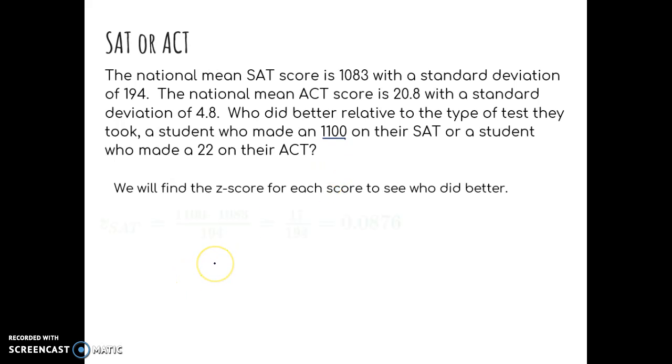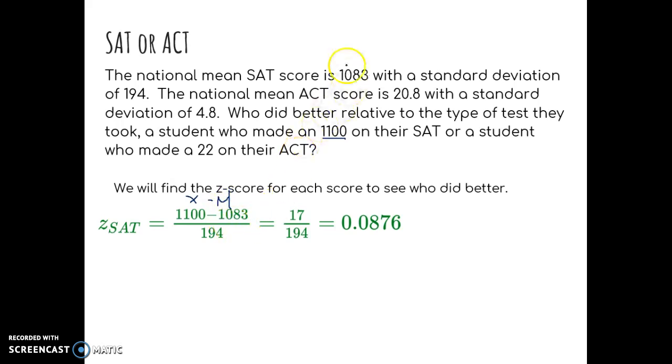If you remember the formula, the z-score for the SAT is x minus your mean. The mean we found right here. So 1100 minus 1083 is 17, and then we divide that by the standard deviation for the SAT scores, which is 194. 17 divided by 194 is 0.0876.